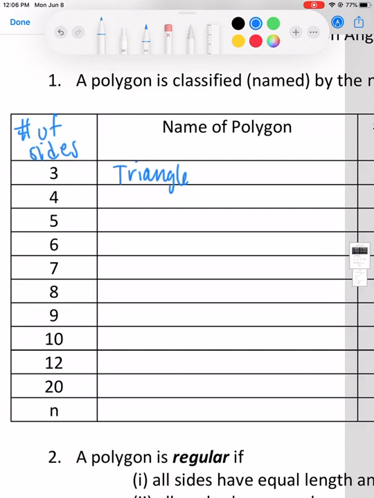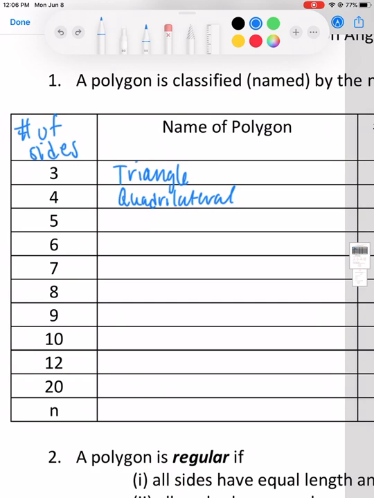For number 4, the Greek prefix is tetra, but the polygons that we name, as we know already, that have 4 sides are called quadrilaterals, and use the prefix quad, which is Latin. So if a polygon has 4 sides, it's a quadrilateral. 3 sides is a triangle.